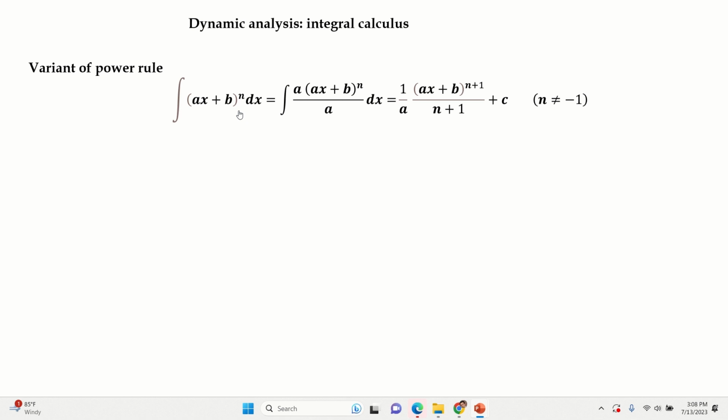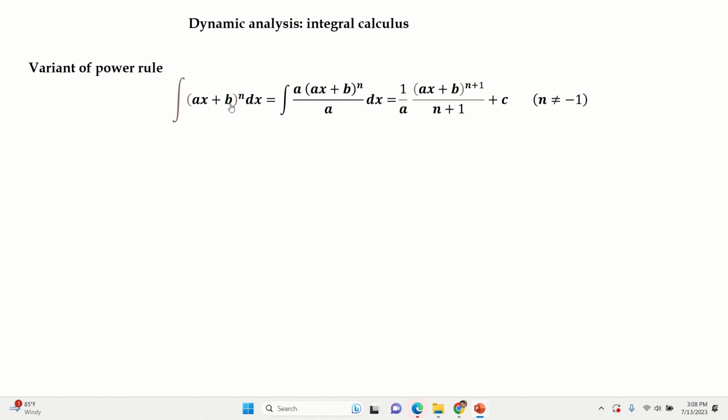This rule says that if the derivative of the function without the power n, for example ax plus b, shows up as a multiplicative factor over here, then all we have to do is apply the power rule as it is.